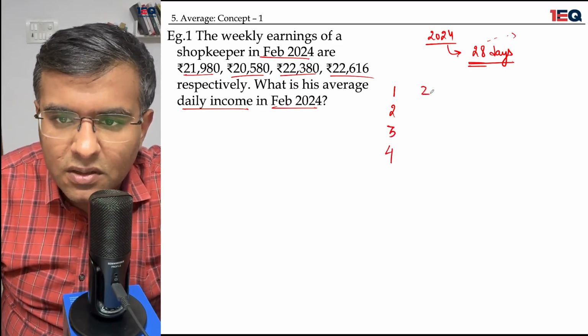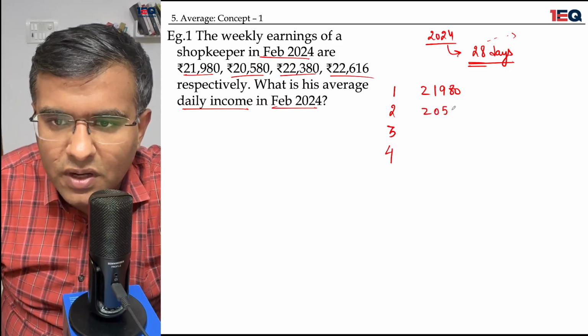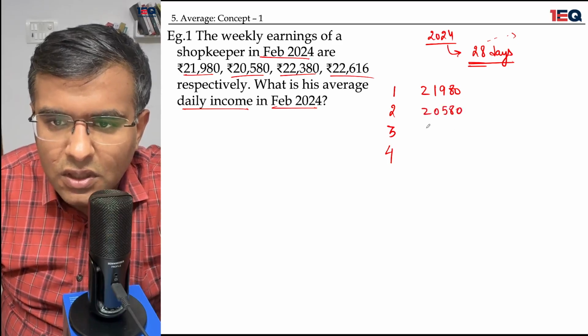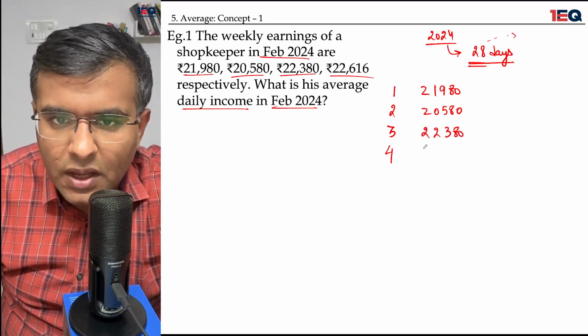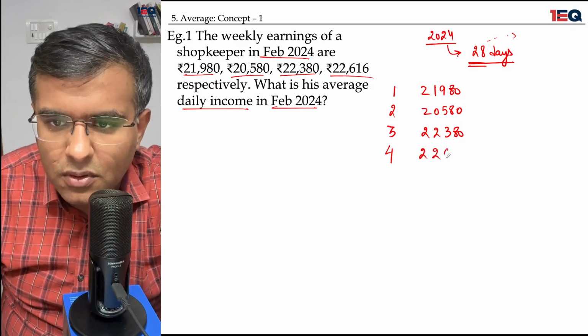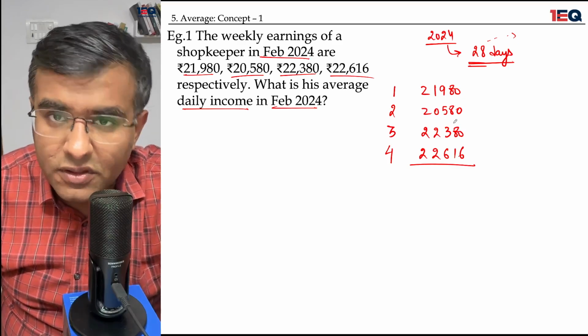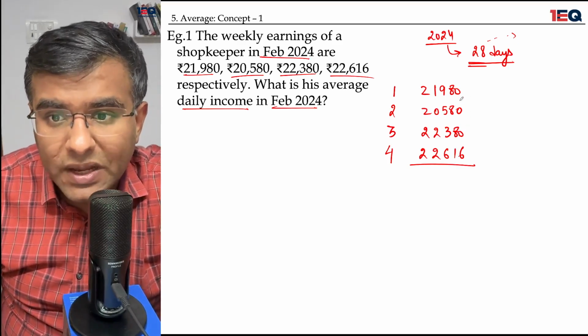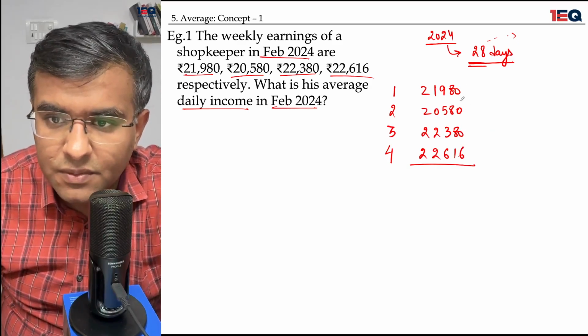In the first week, the total collection was 21980. In the second week, it was 20580. In the third week, it was 22380. And in the fourth week, it was 22616. Now, as we have all the numbers aligned, I'll quickly find the sum.